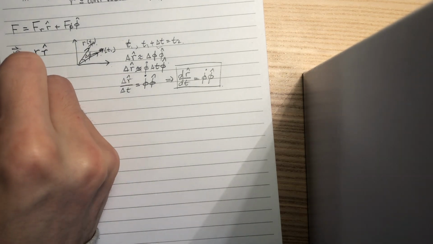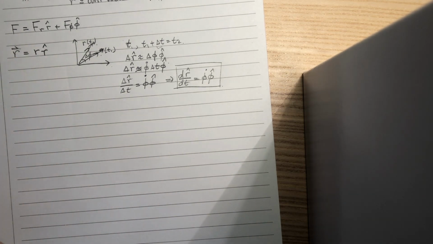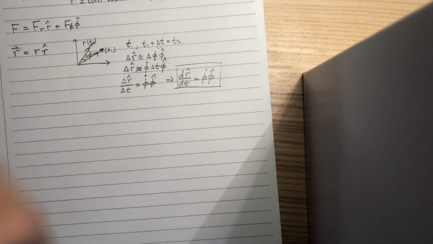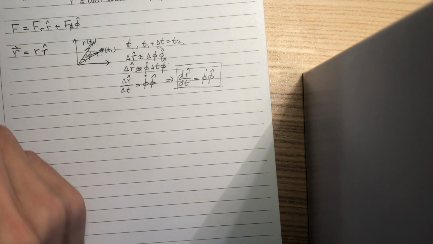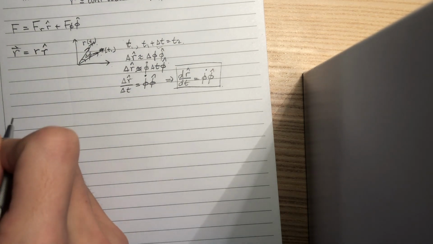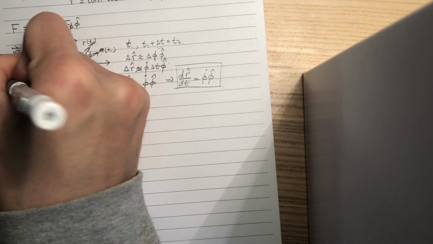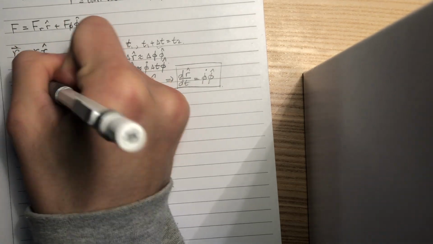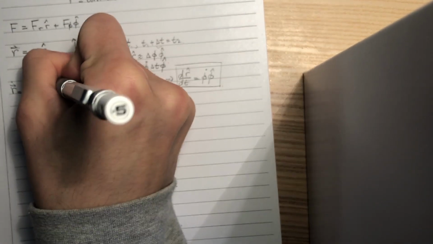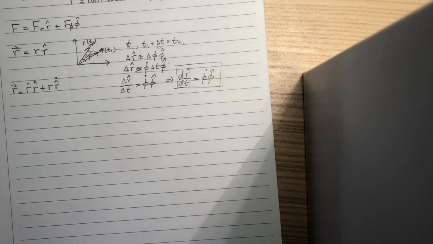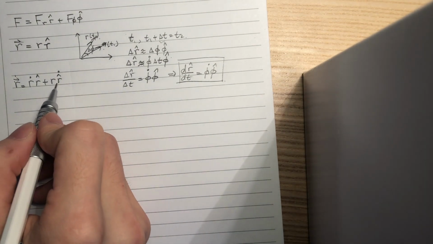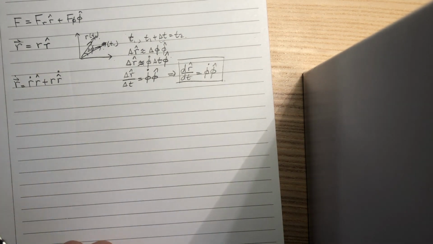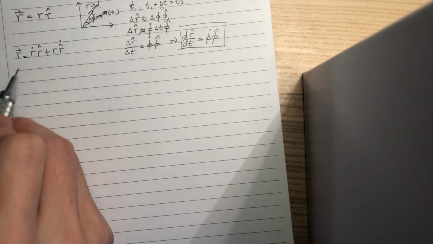Okay, so we defined my vector r in this way, so we can take the derivative of this. Since I have two components, I have to do a product rule. So my r dot would be equal to r dot r hat plus r r hat dot, where the dot is essentially taking the time derivative of my variable.